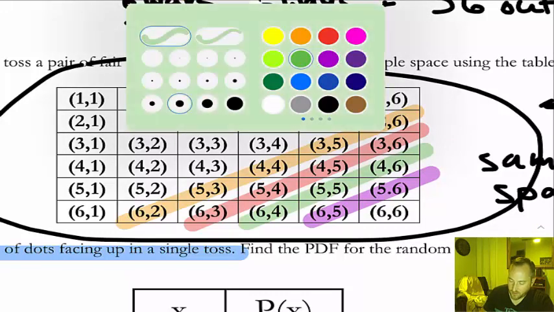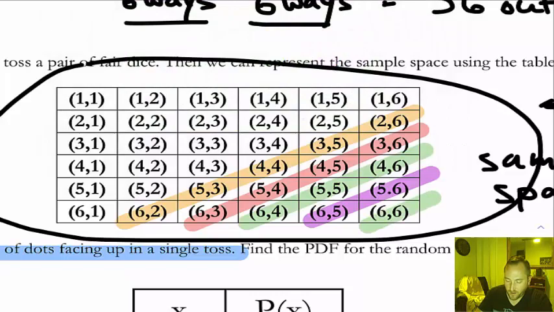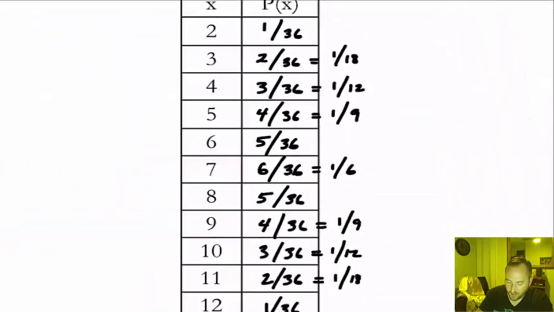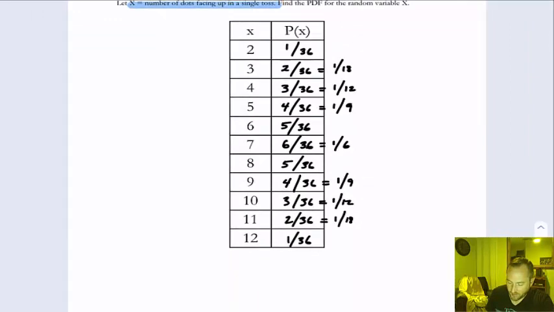The very last thing that we need to do is verify that we do have a PDF. If I add up all these probabilities together, we should get 36 out of 36. We need to verify that just to make sure that we didn't overlook anything. So let me grab a calculator and do that.